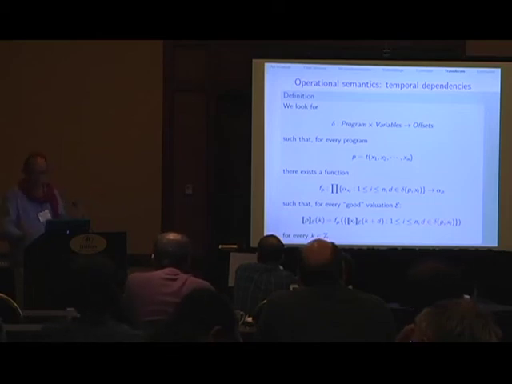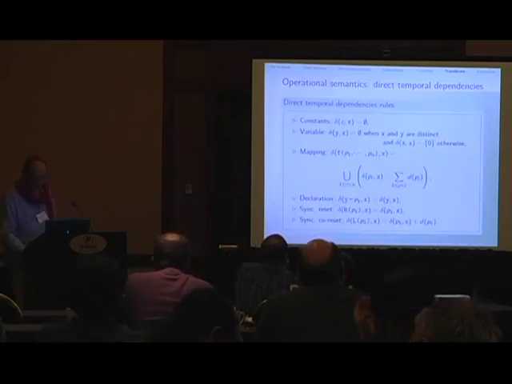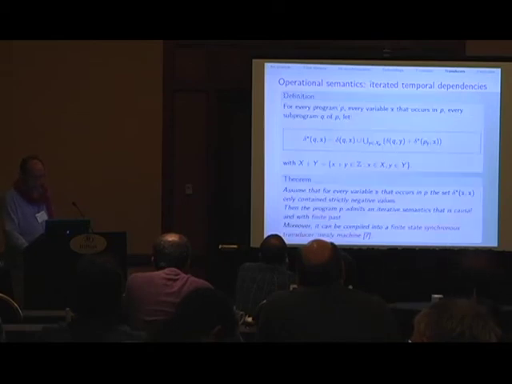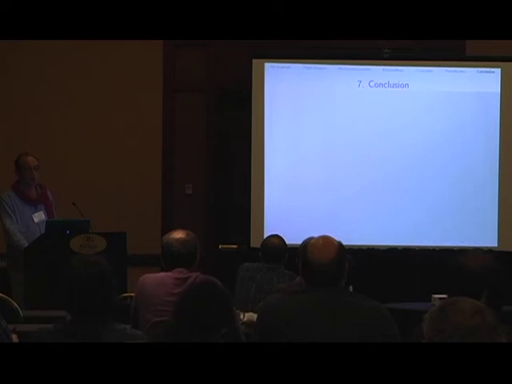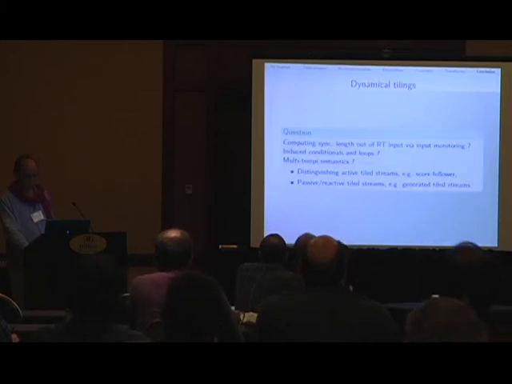And I can compute them, and I have some condition that guarantees that my programs are causal with respect to my past, so in the past they are 0. They can be computed in a causal way, and actually they can be compiled into state synchronous transducers, which are known, as soon as you cross the ocean, as Mealy machines. Okay, thank you for your attention. That's almost all.